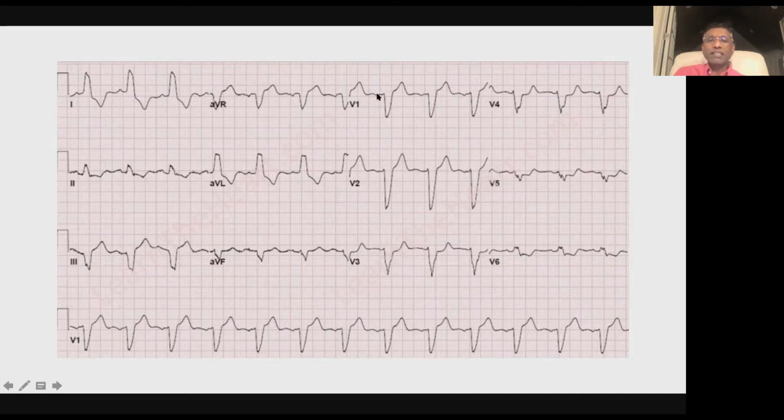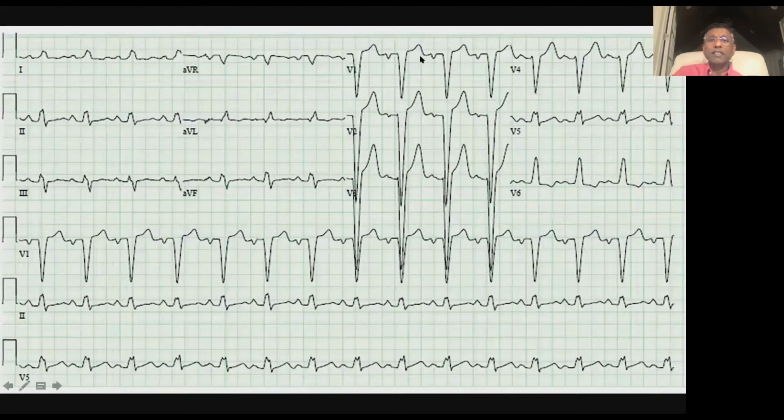We know this is sinus tachycardia with left bundle because it's a typical left bundle branch block, a very sharp downstroke, almost no initial R wave. And when you look at aVR, it looks the same, a very sharp downstroke. So that's a typical left bundle branch block morphology.